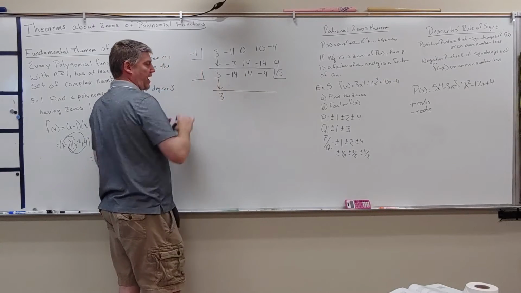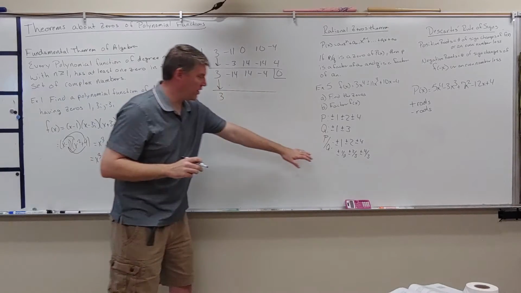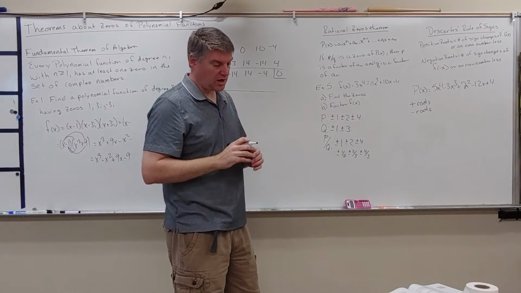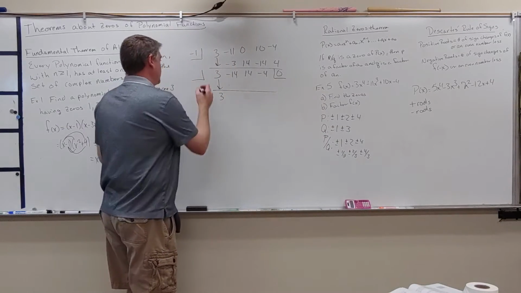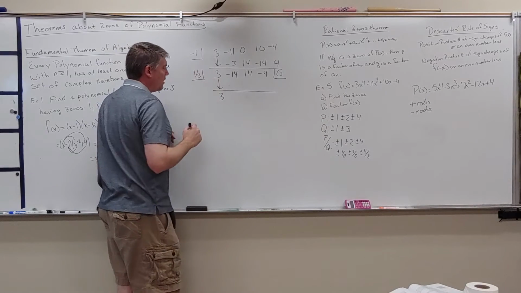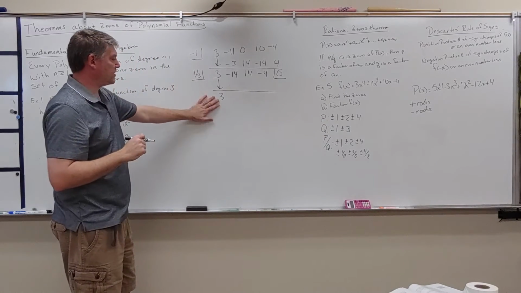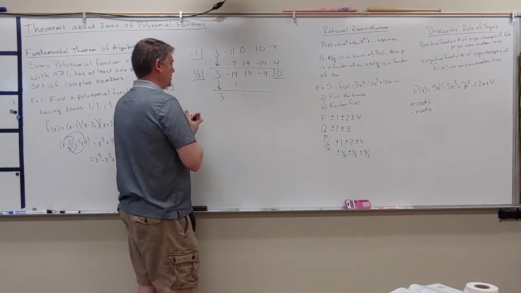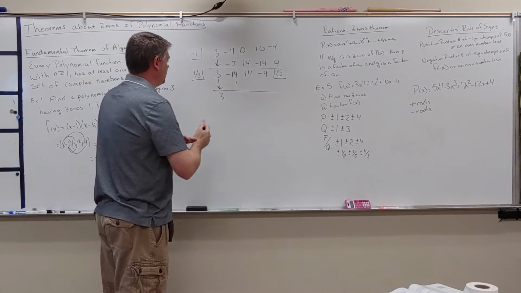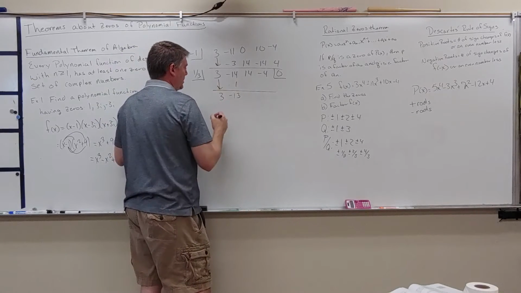So now I'm into fractions. Okay, so I have the 1/3, the 2/3, the 4/3, plus or minus. So let's go ahead and test 1/3. Okay, 1/3 times 3 is 1. This gives me negative 13.